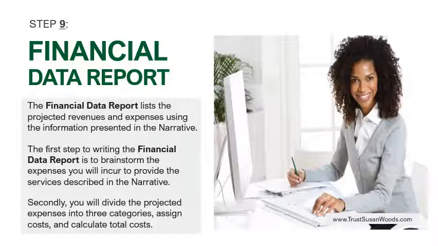Now, one thing I want to highlight here, although the teacher and the assistant teacher are members of your personnel team, they would not be included in that third category of personnel expenses. They would actually be included in the program services because they directly impact the student.